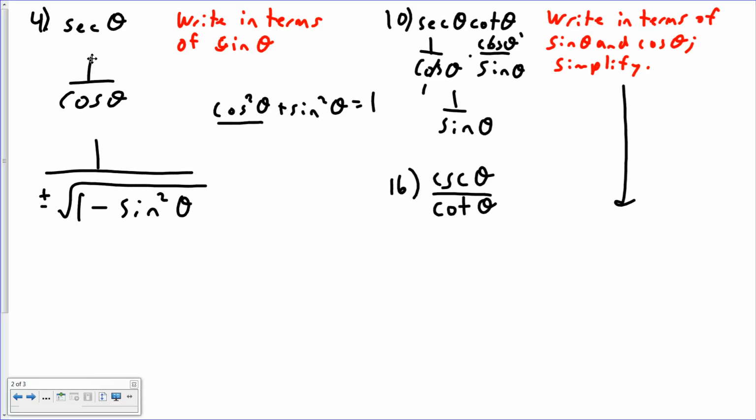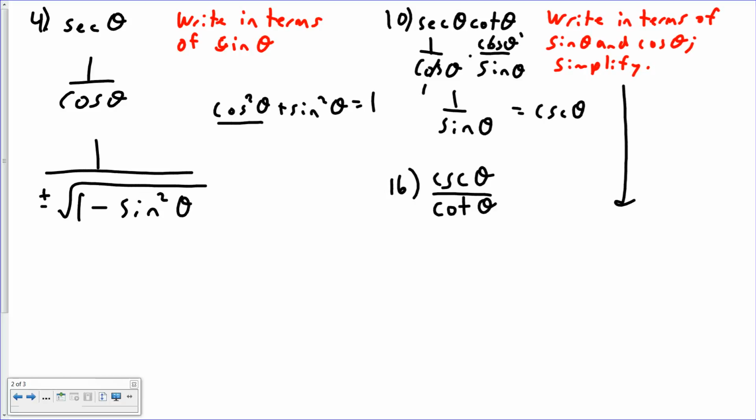You could leave it as 1 over sine theta. Simplifying, you could also write it as cosecant theta at the end, but either one of those would be correct. It's really uncertain in terms of which is the better form to leave it in at the end.